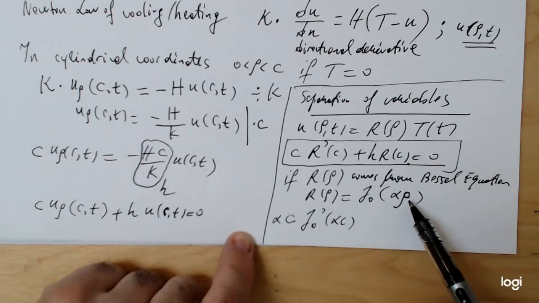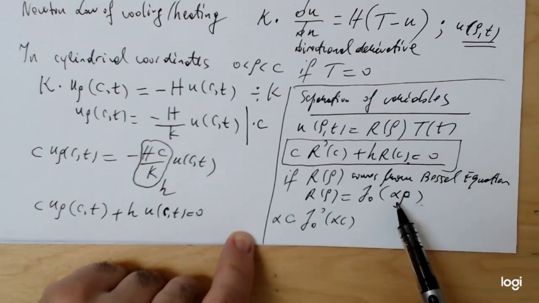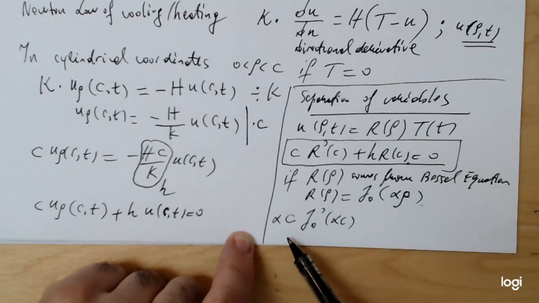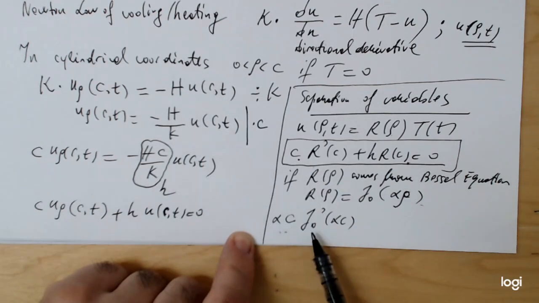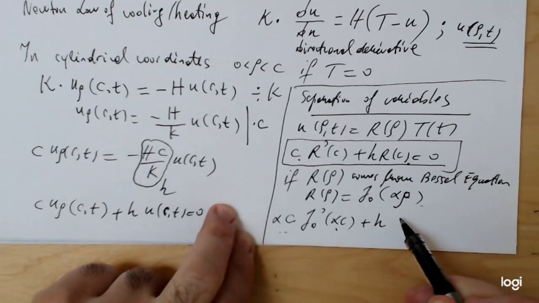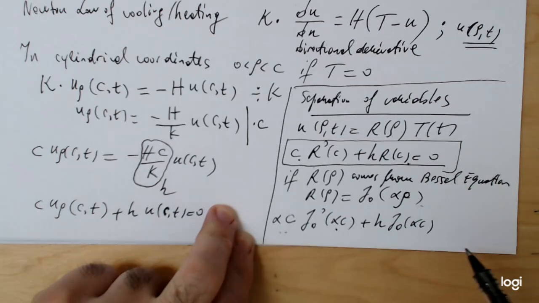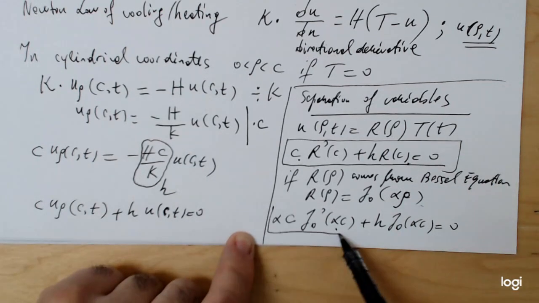And then you're going to plug in C, the boundary point, after differentiating with the chain rule, right? If I differentiate with respect to rho, I'm going to have another alpha popping out, which appears over here. And then you have alpha C J naught prime of alpha C, and then h J naught of alpha C. So you'll see how this comes out when we move on with the actual example.